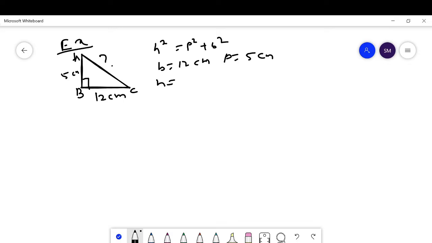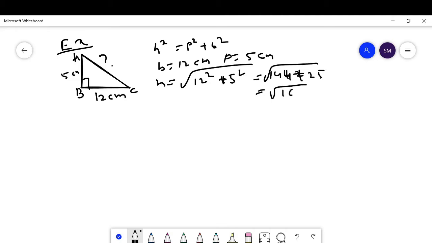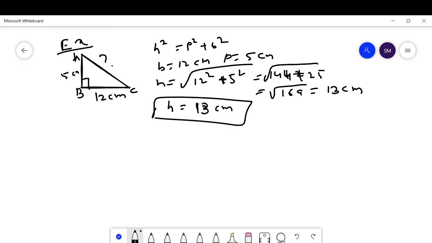Then h is equal to the square root of 12 square plus 5 square, which is equal to the square root of 144 plus 25, which is equal to the square root of 169, which is equal to 13 centimeter. In this case we get the hypotenuse is 13 centimeter. Okay. Then next question.